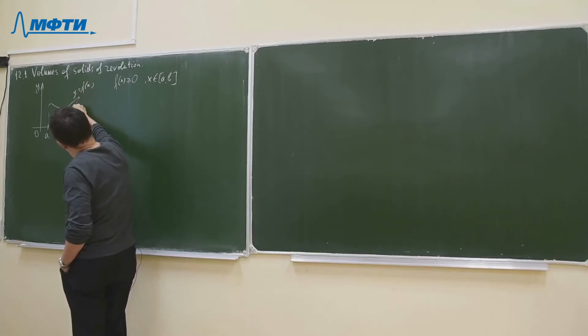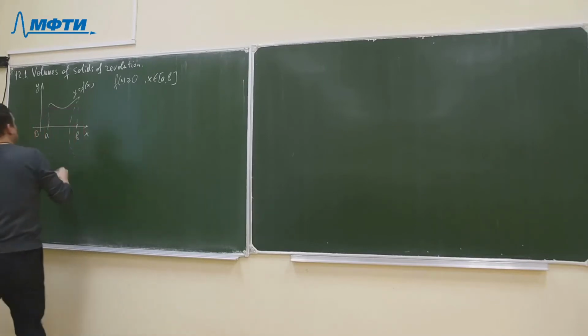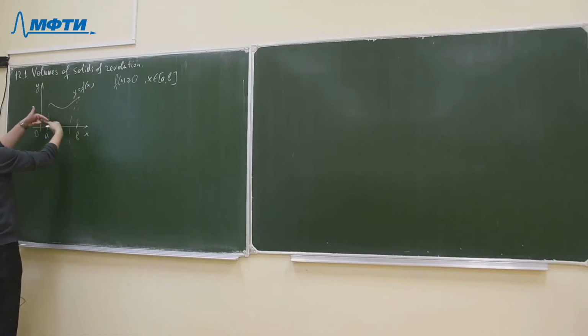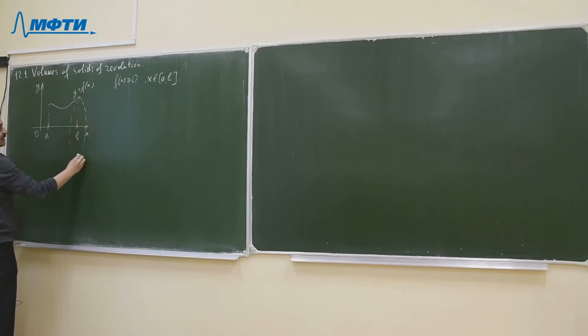So let us rotate our trapezoidal figure around the x-axis, like that. So we rotate, and we try to understand how to compute the volume of such a solid.